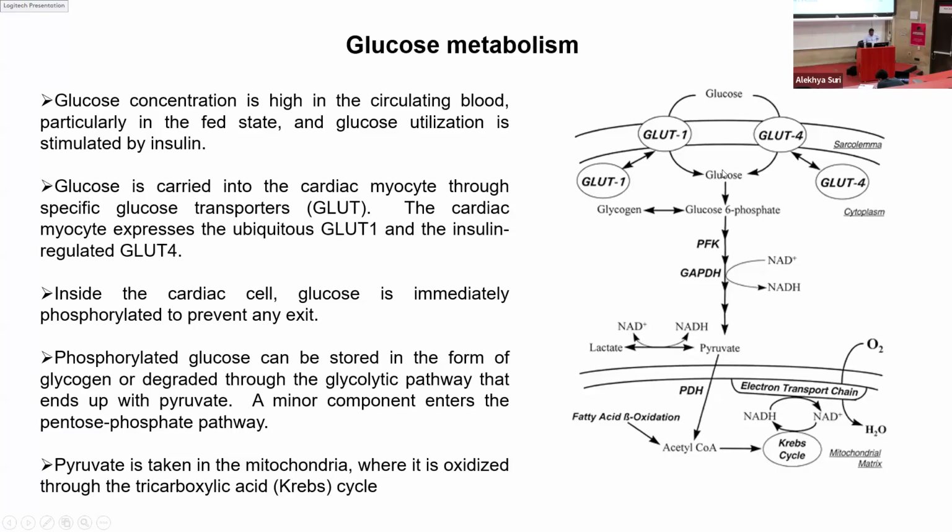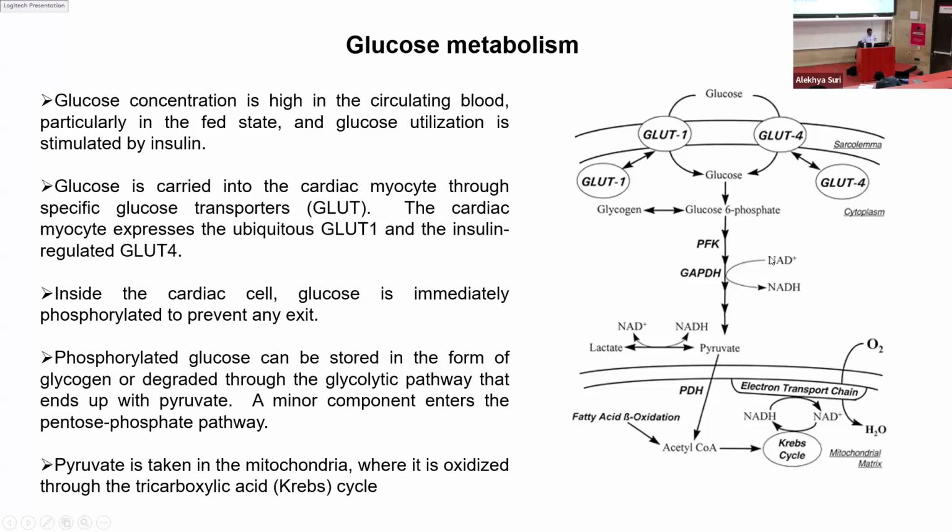Once the glucose enters inside, it will be phosphorylated to glucose 6-phosphate, to prevent the glucose from going out of the cell. Once it is phosphorylated, it cannot penetrate the plasma membrane.